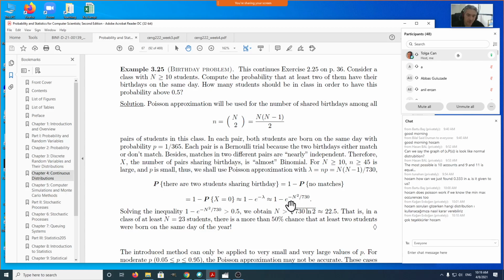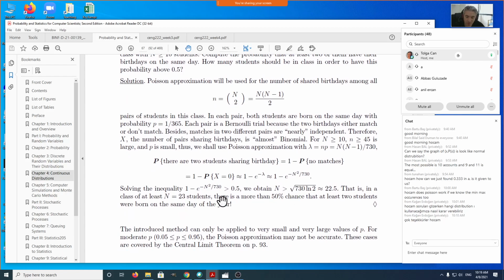And if you plug in what your lambda is right here, n square divided by 300, roughly. So we again approximate n square minus n roughly by n square. So this is what we get at the end.